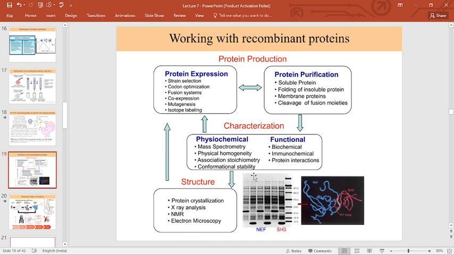So that is the conformational stability of the protein. Fine. Then there is functional characterization like biochemical, immunochemical, protein interactions. All of these are functional characterization, and the different structural characterizations include protein crystallization, X-ray analysis, NMR, electron microscopy, etc.